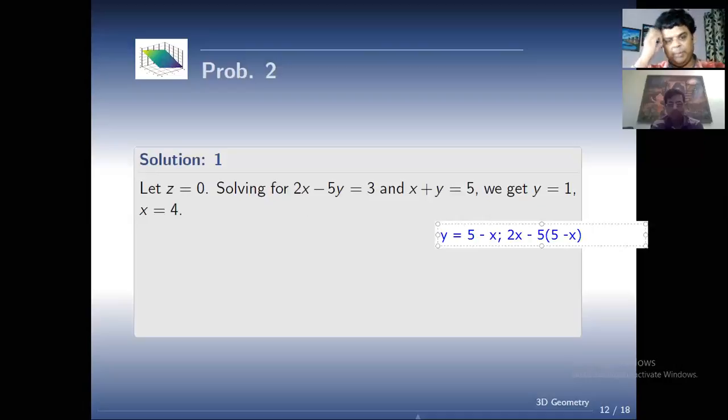So this gives me 2x minus 25 plus 5x... 5 minus 5x equals 3, and that gives me x equals 4 and y equals... If x is 4, y equals 5 minus 4, and y is equal to 1. Right?